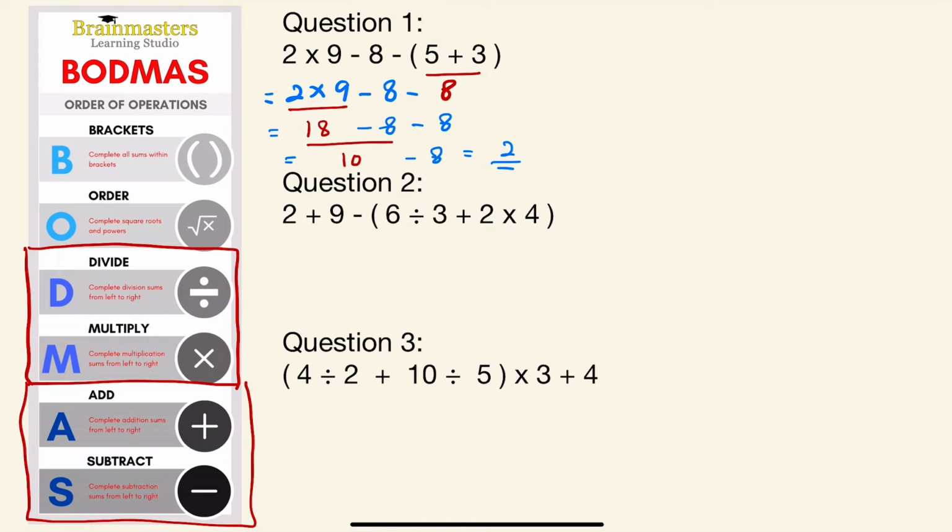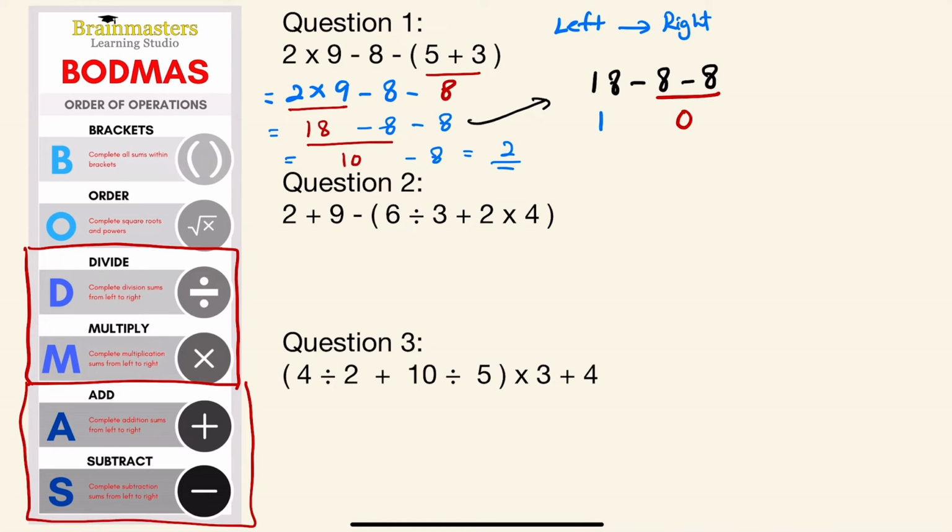A common mistake that most students make is that when it comes to minus or plus, they think you can do whichever first. No, the basic rule, remember, is always from left to right. What happens if you don't do it from left to right? Let's say I take from here again. Some students will do 18 minus 8 minus 8, and do the last two first, which gives them 0.